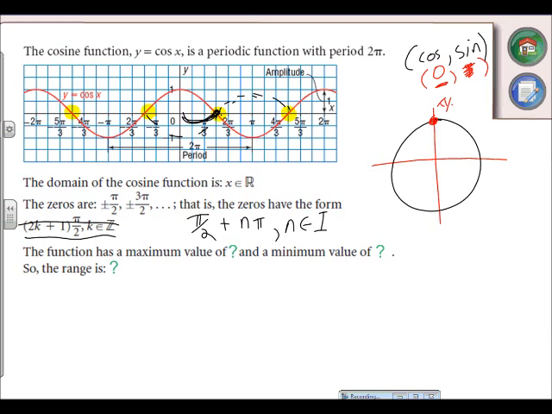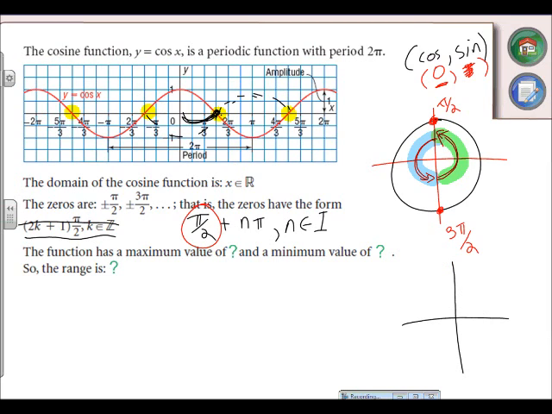Oh, that's at pi over 2. Where else is cosine 0? That's going to be right here at 3 pi over 2. And then again there, and then again there, and around and around and around, either direction. So the first positive one is pi over 2, and then every multiple of pi from then on.